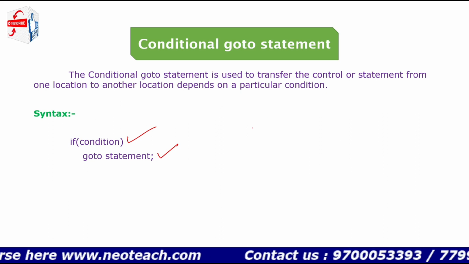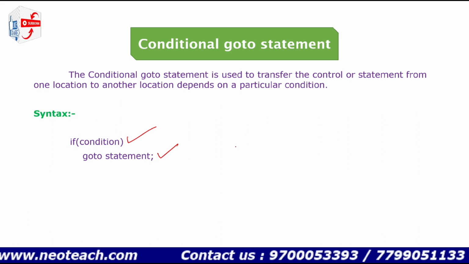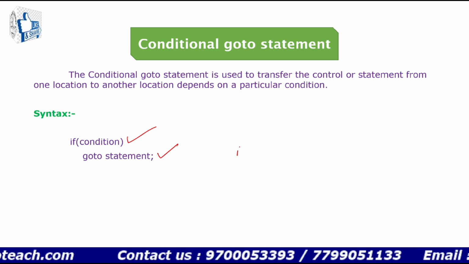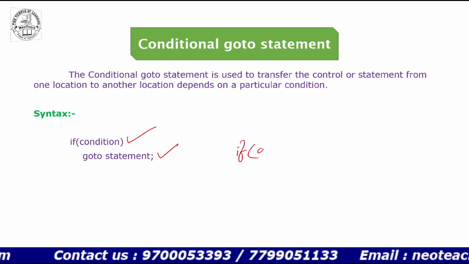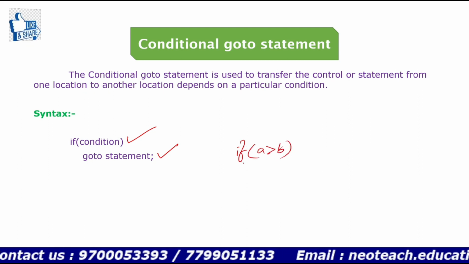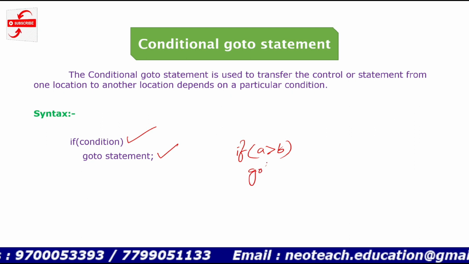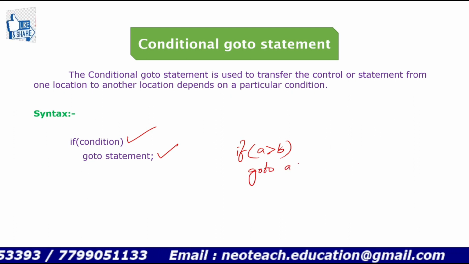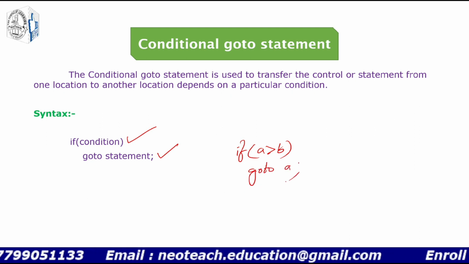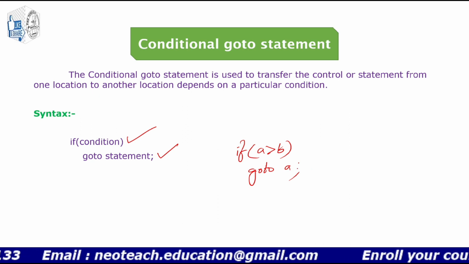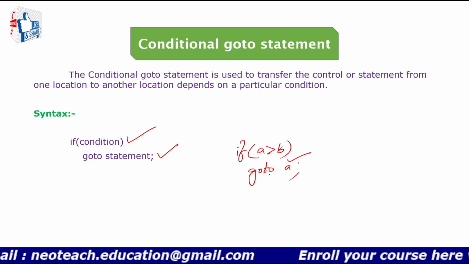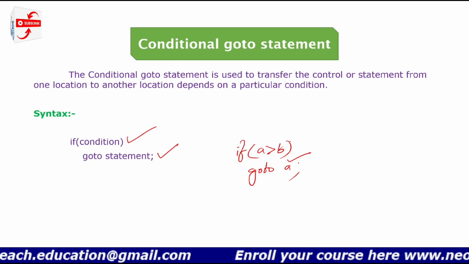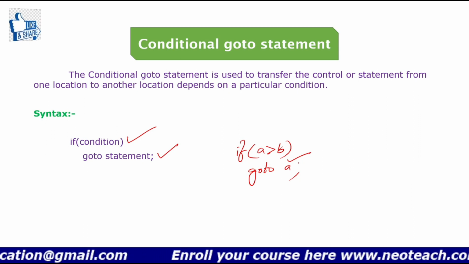Suppose in some scenario, like if A is greater than B, then go to print A, something like we are selecting A. Like this, depending on some condition we are executing something.